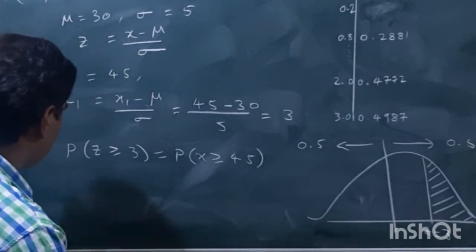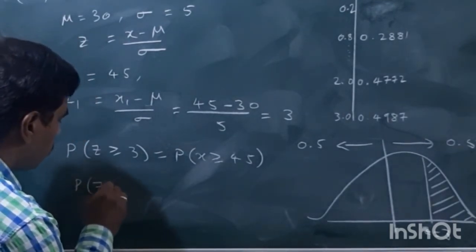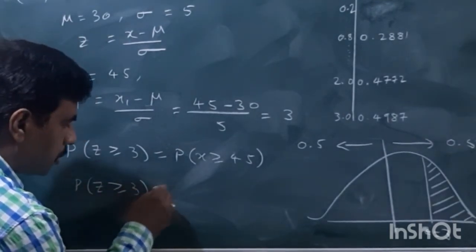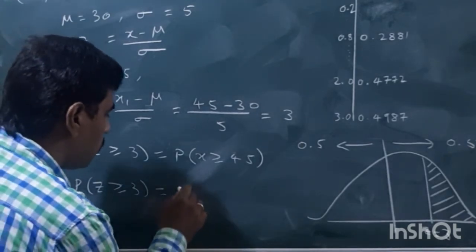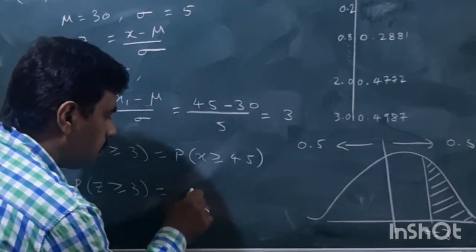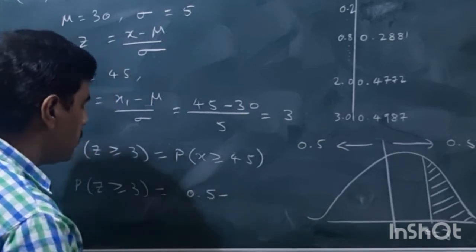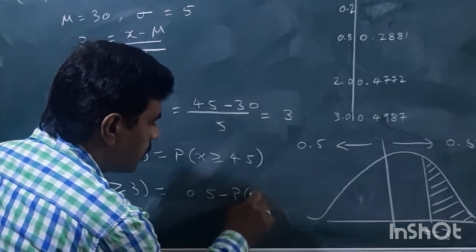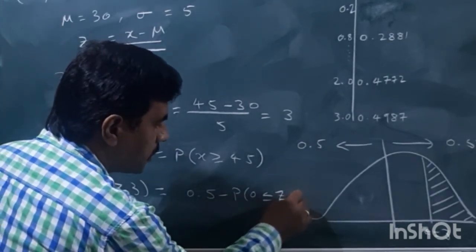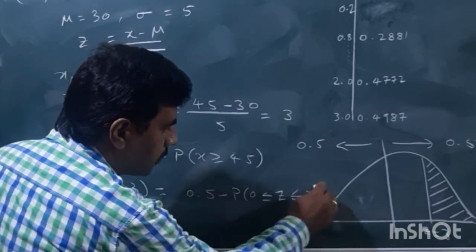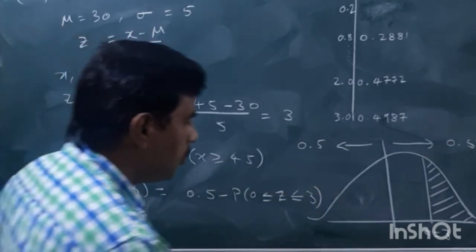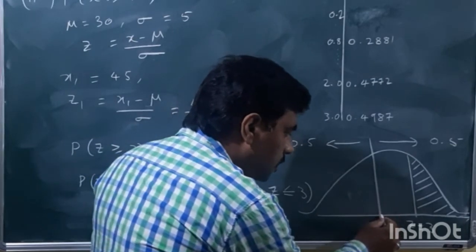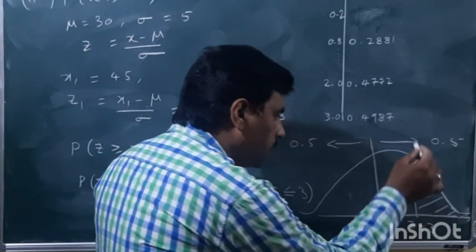That is, we can write the probability when z is greater than or equal to 3 as 0.5 minus the probability when 0 is less than or equal to z less than or equal to 3.